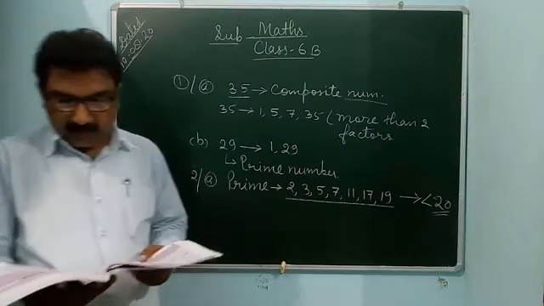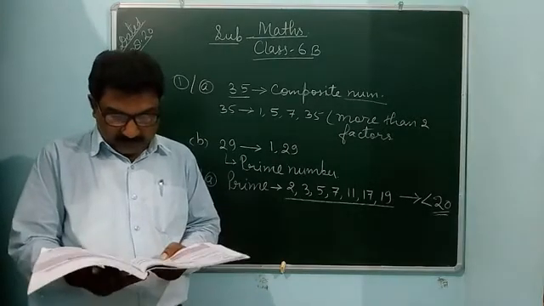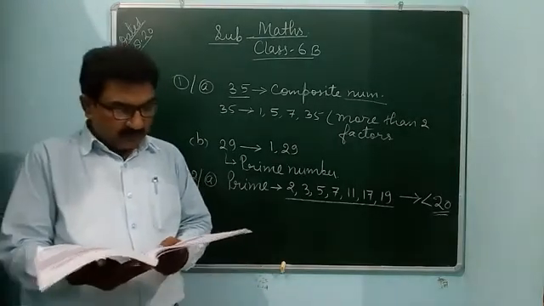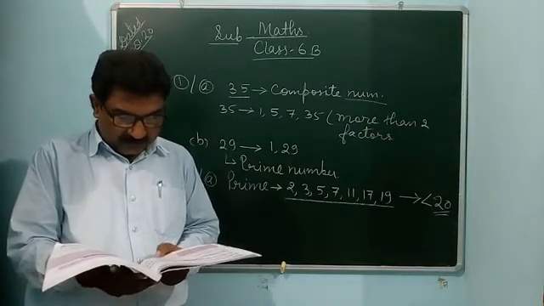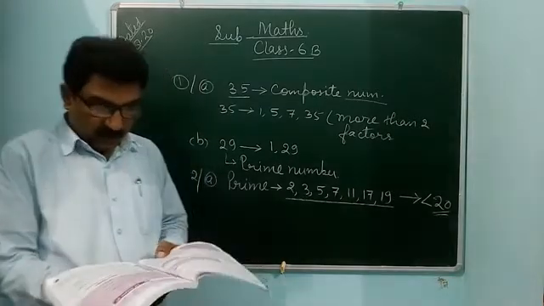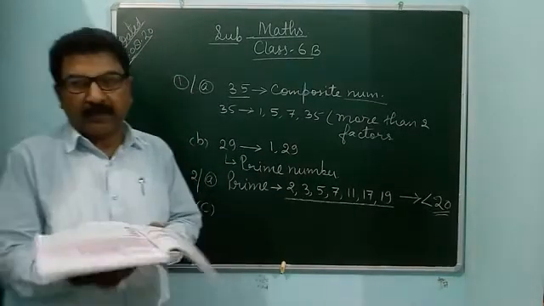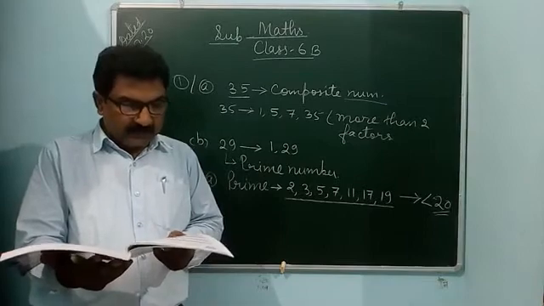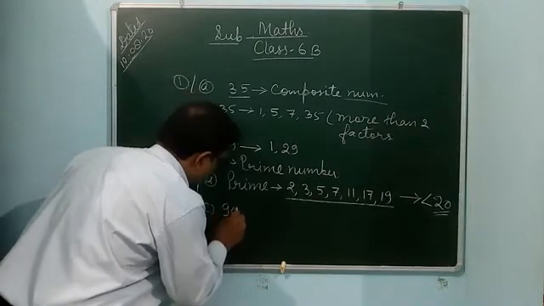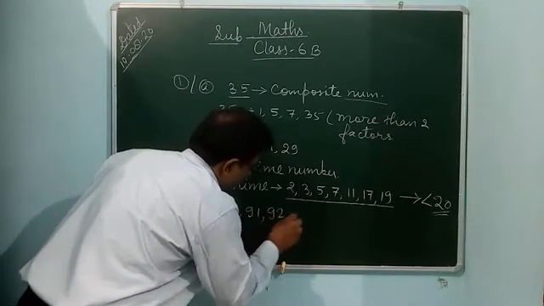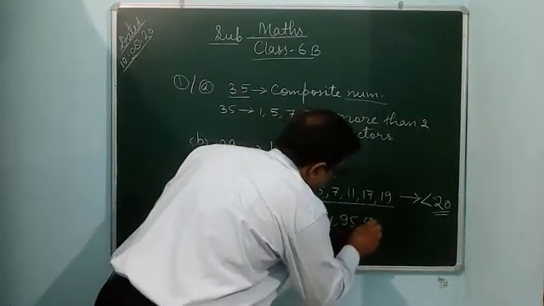From the sieve you can see 90, 91, 92, 93, 94, 95 and 96.